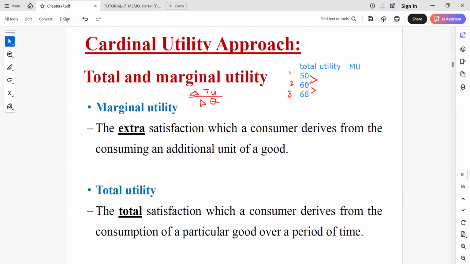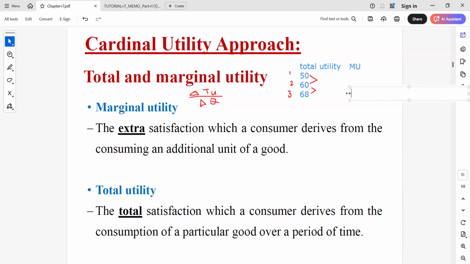That's why we usually just say 68 minus 60 and write the answer, without even using the full formula, which is a change in total utility over a change in quantity. So 68 minus 60 gives 8, so the marginal utility for your third burger is 8. Then 60 minus 50 gives 10, and 50 minus 0 gives 50.